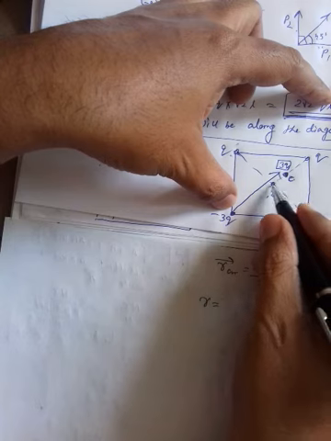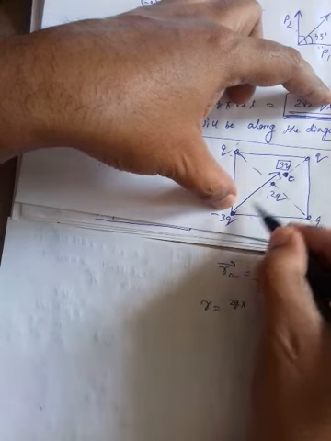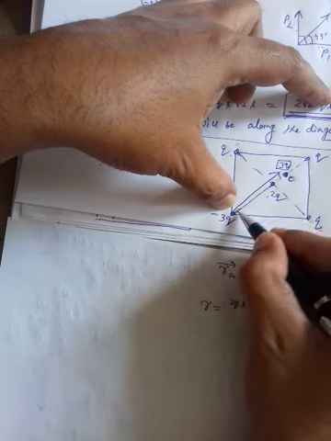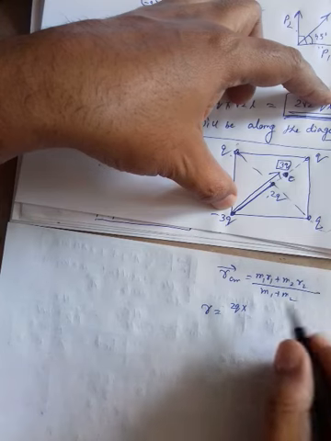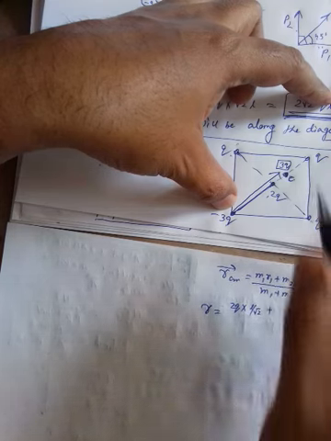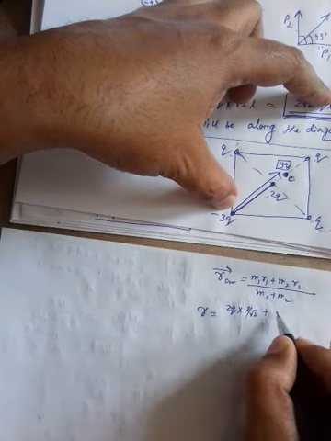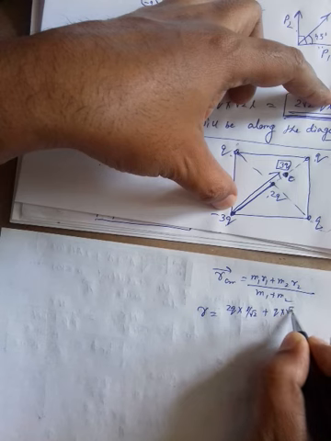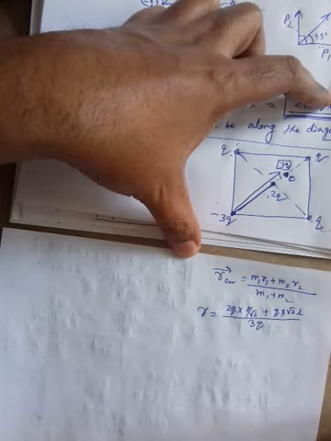Here, from here I am measuring, twice q is present at this distance. What is this distance? Half of the whole distance. The whole distance of the diagonal is root 2 l, half of that. So l by root 2, plus this q present at this distance, it is q into root 2 l, divided by the total charge, of course thrice q.